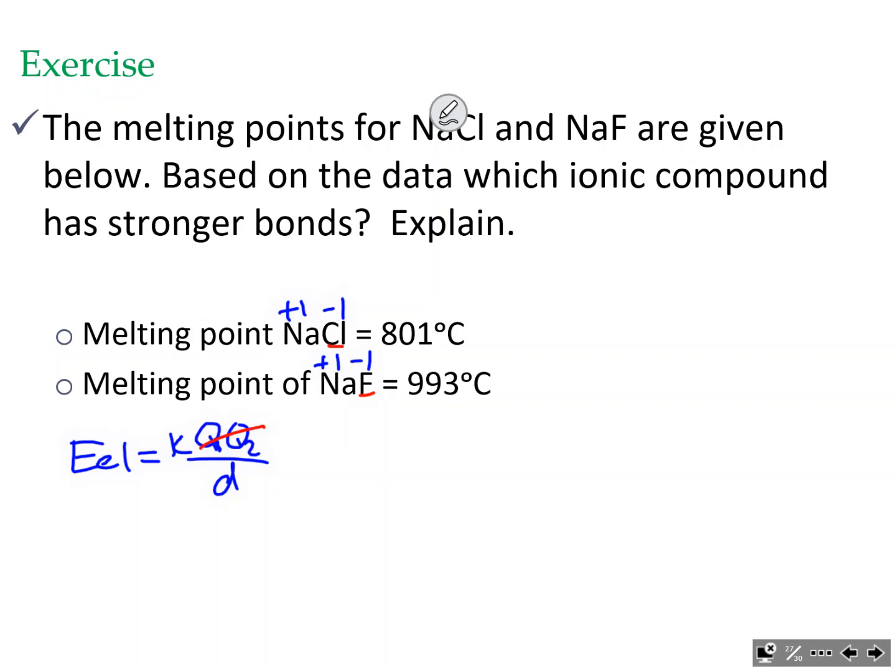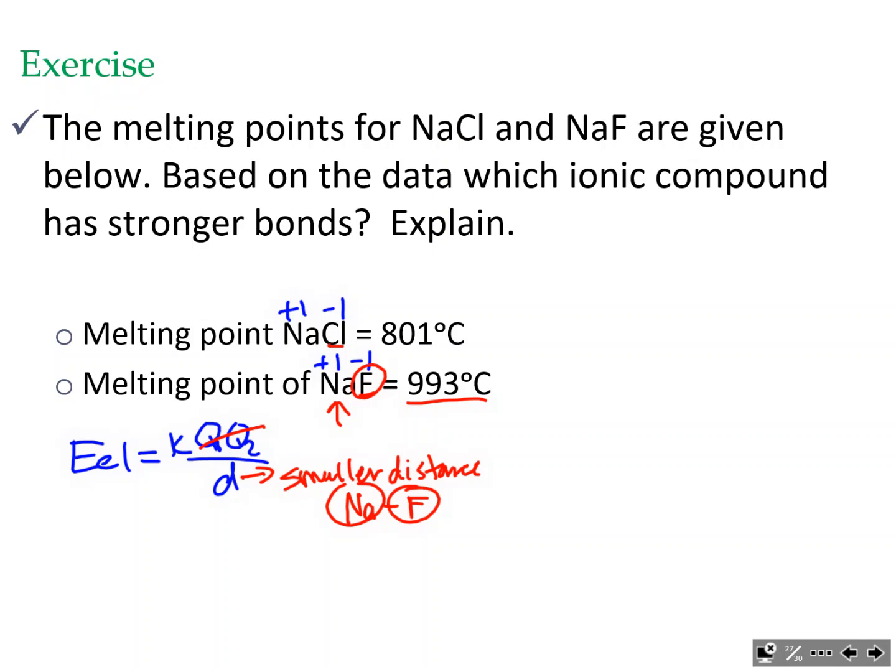Fluorine is smaller, and as you notice, its melting point is higher, by almost 200. So the bond strength of this one is going to be greater because the distance from the Na to the F is smaller.